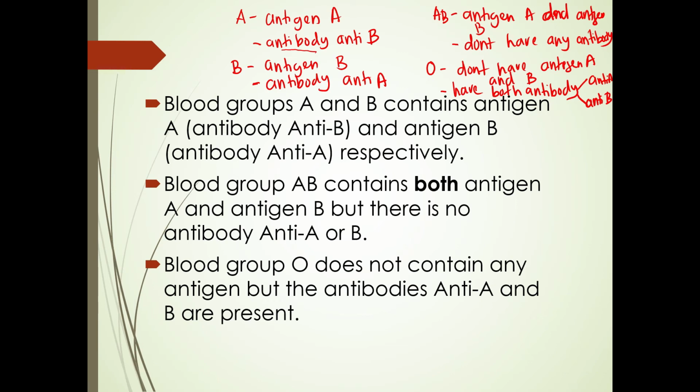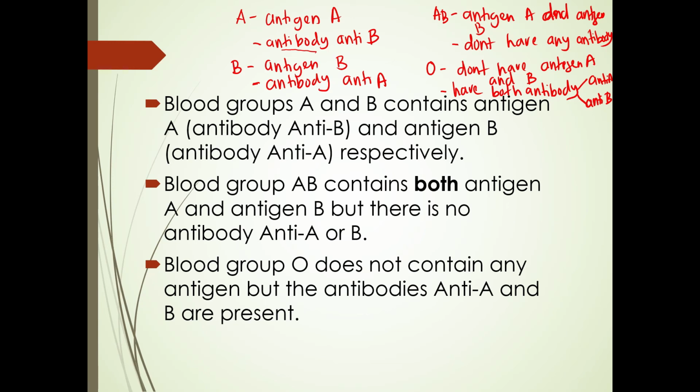Now for the second person, who has B type of blood, they have the antigen B and the antibody anti-A. Let's say something happened to this person and they need a blood transfusion, and another person with type A blood wants to donate.